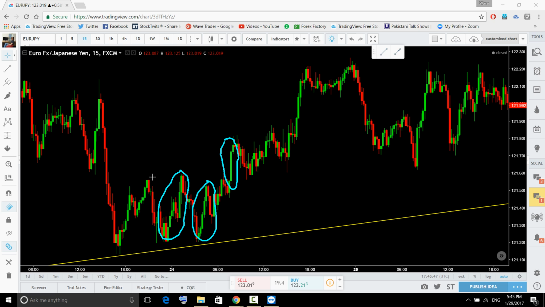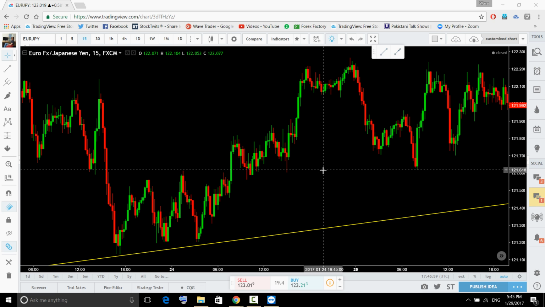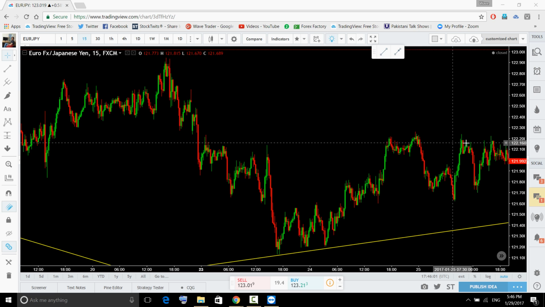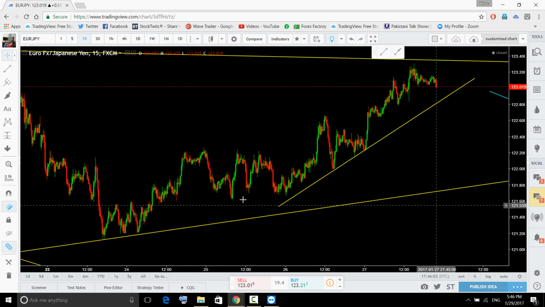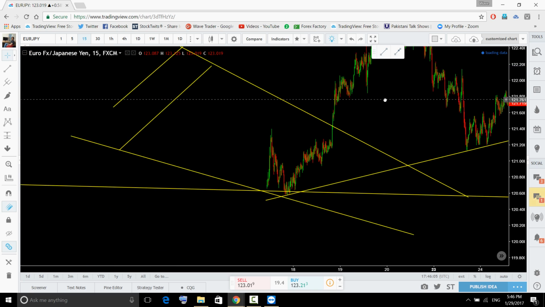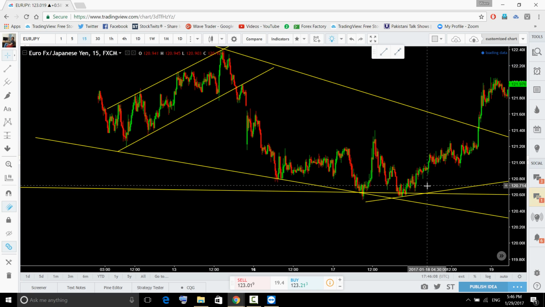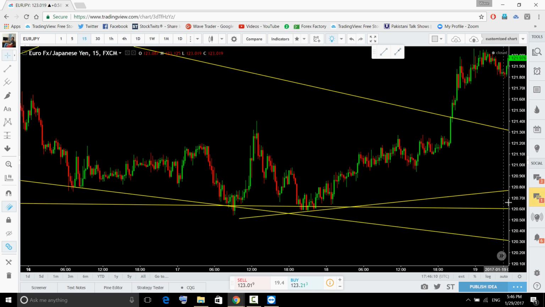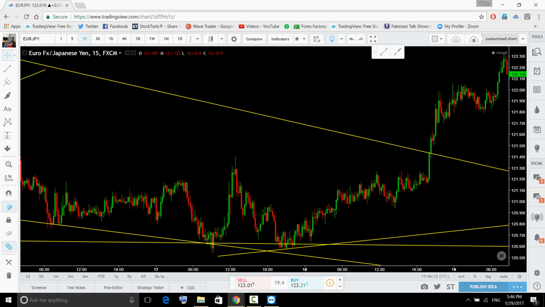For continuation to the downside, this price section is not giving any indication that it is going to break down. This kind of price section gives you an indication that it is going to reverse into the other direction. Of course you can use your indications or divergences over there.